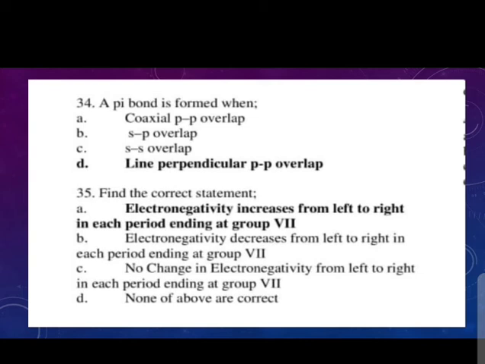C. Non-change in electronegativity from left to right in each period ending at group 7, and D. None of the above are correct. So our correct option is A. Electronegativity increases from left to right in each period ending at group 7.